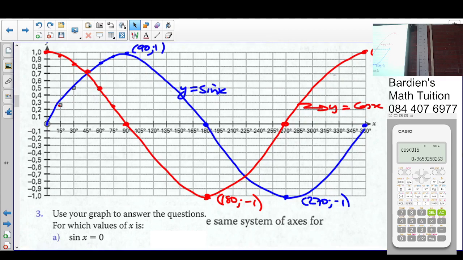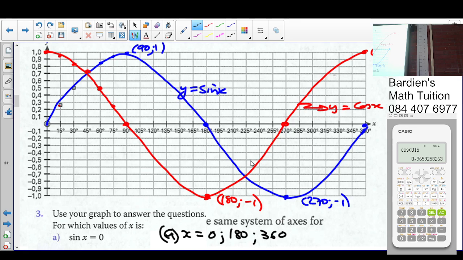The blue graph. So where is sine 0? At 0, 180, and 360. Can you see that, people? So for A we say x is equal to 0, 180, and 360.